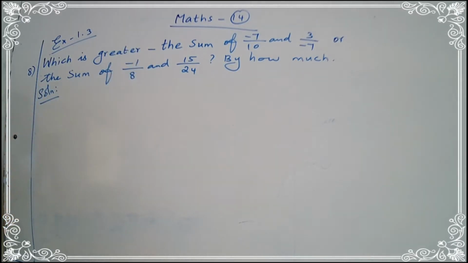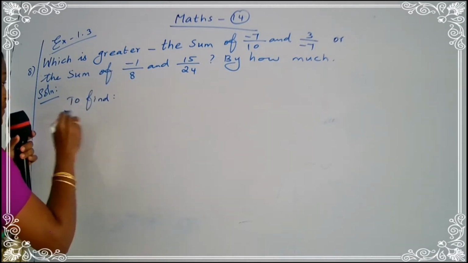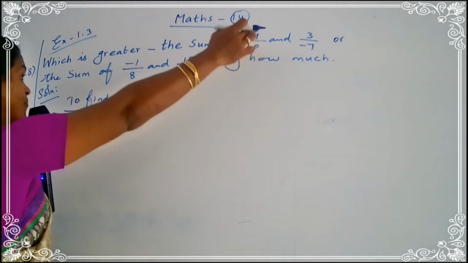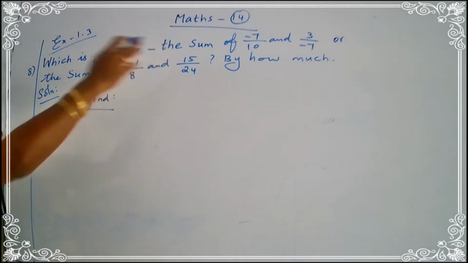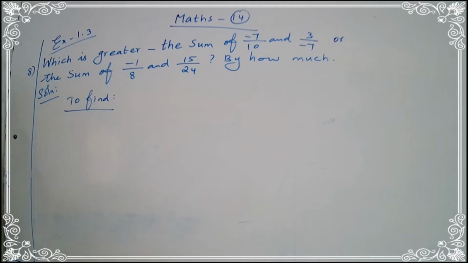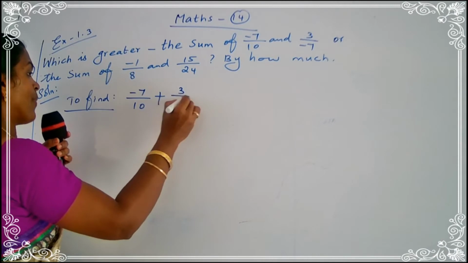Therefore, first to find the value of the sum of minus 7 upon 10 and 3 upon minus 7: sum means addition, okay? So it can be written as minus 7 upon 10 plus 3 upon minus 7.